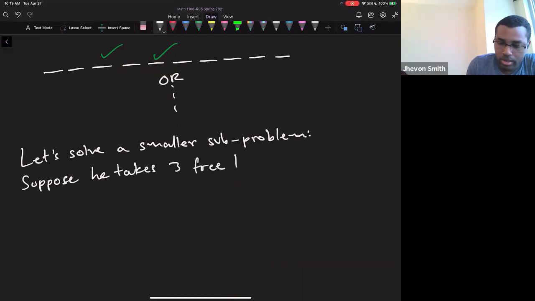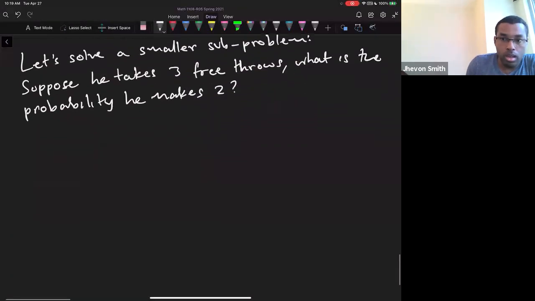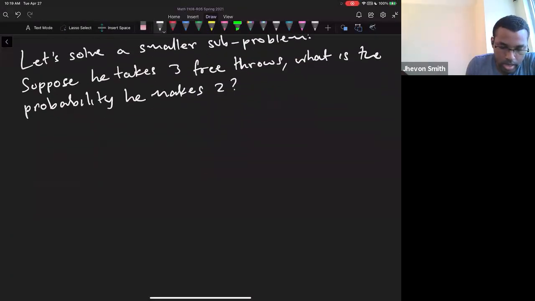Let's cut it down to 3, because that's going to be easier. What is the probability he makes 2? Well, now with just 3, it's going to be a little bit easier to count, and you can see the process a little bit better.